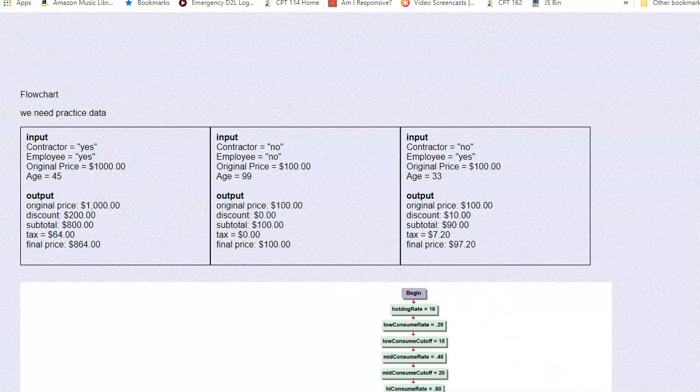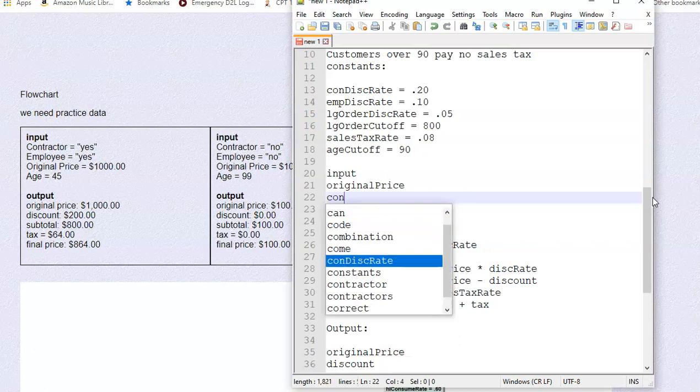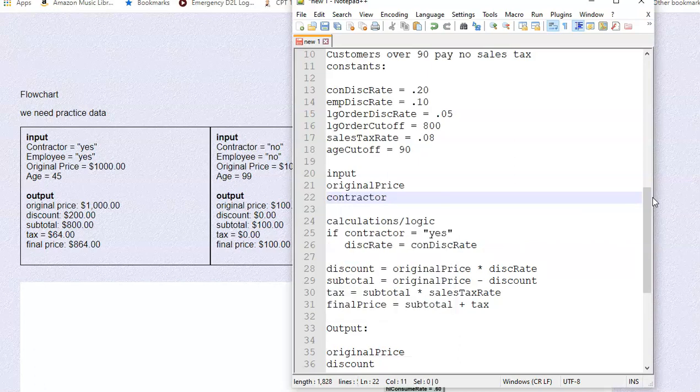I can't ask one question because they might say, well, I don't know what I am. I'm an employee, I guess, but they are also a contractor. So that's going to be an input, contractor. And that's going to be a yes or no question.